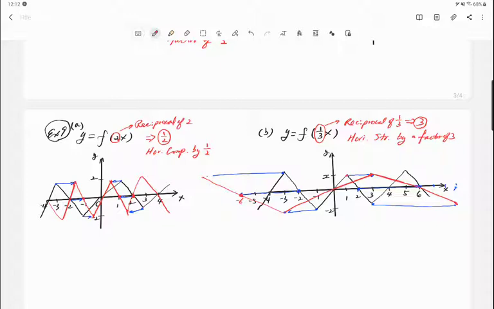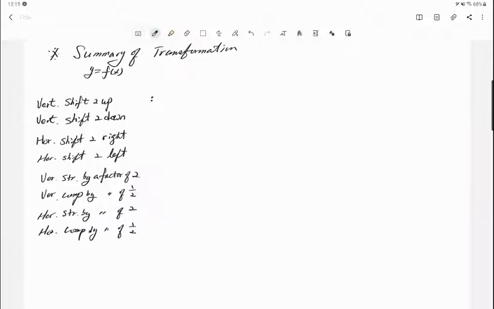All right, let me summarize this transformation. Okay, let's do the summary of the transformation. There are vertical shifts up and down, horizontal shifts right and left, vertical stretch and compression by a factor of some number, and horizontal stretch and compression by a factor of some number.